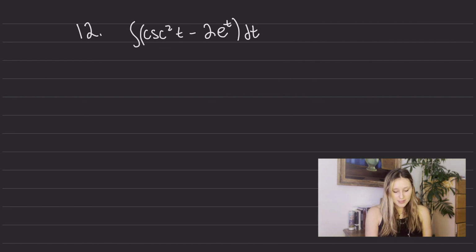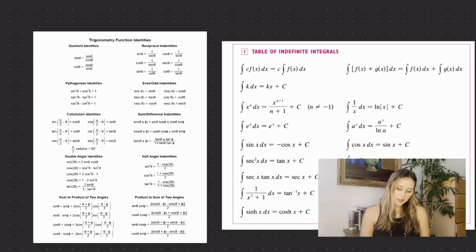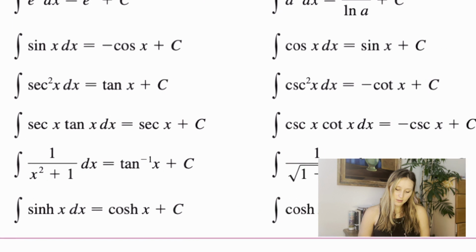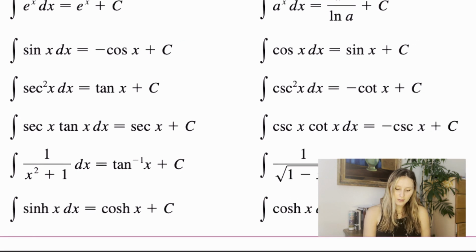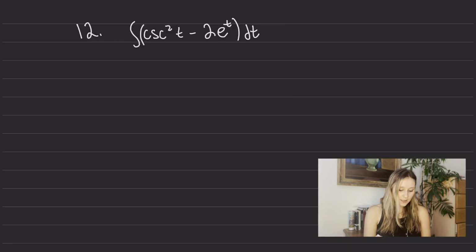Same thing here. We're going to want to separate these two things. The integral of cosecant squared is going to be cotangent as seen here. So once again, we're separating.